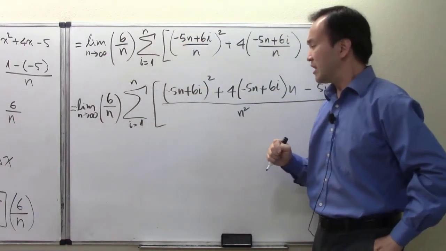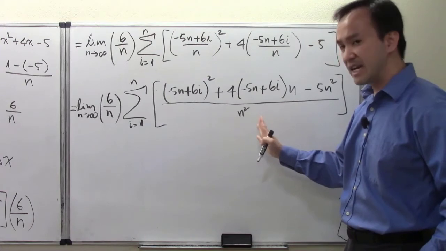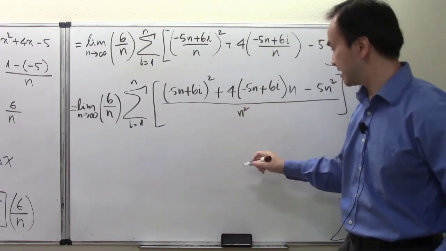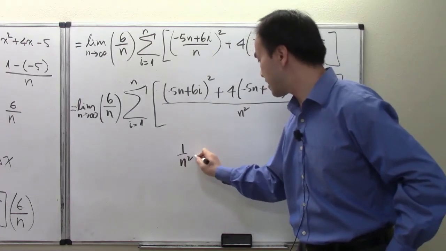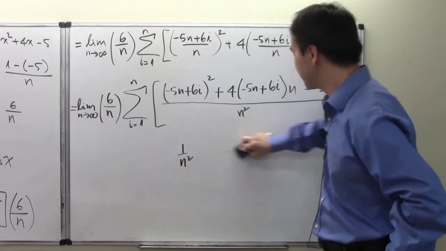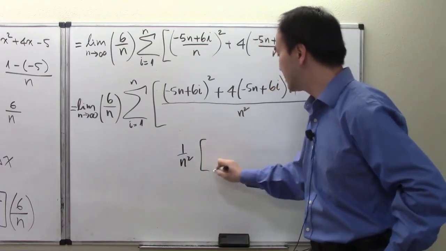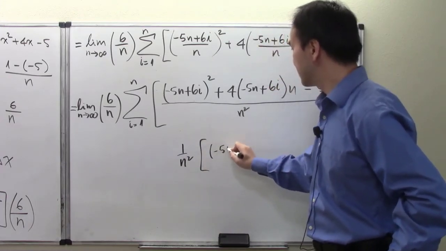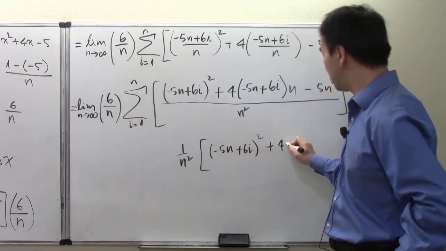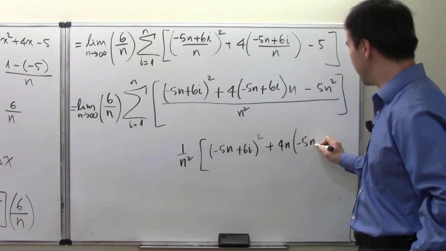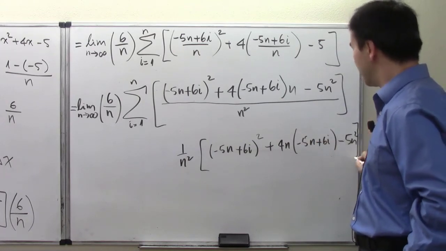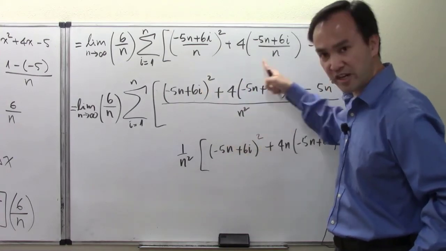Okay, and so at this point, I start seeing another thing. The over n squared here can be regarded as 1 over n squared multiplied with the entire ugly-looking thing here: the (minus 5n plus 6i) squared, plus 4n times (minus 5n plus 6i), and so on, minus 5n squared.